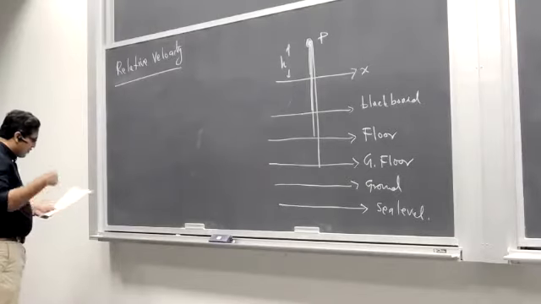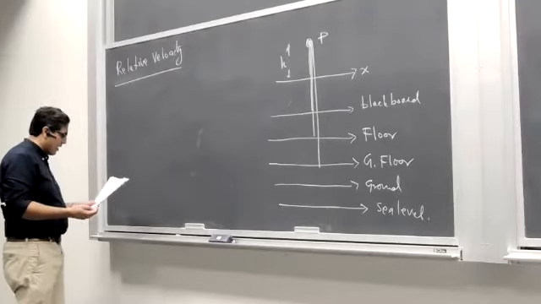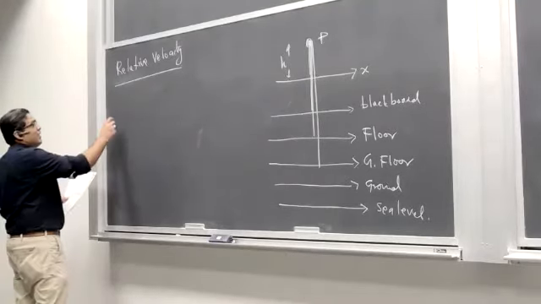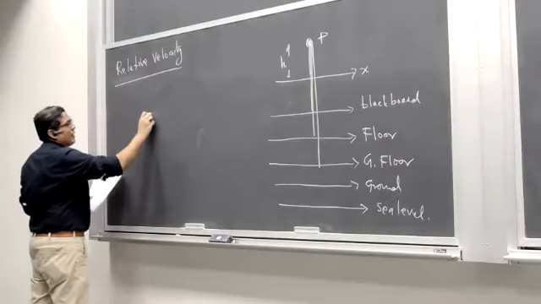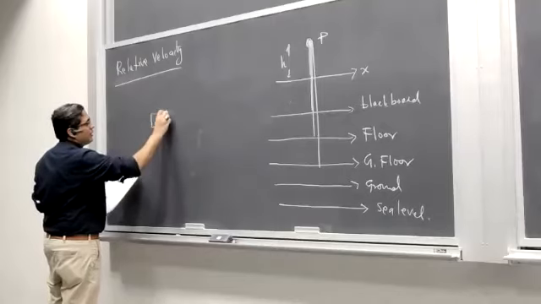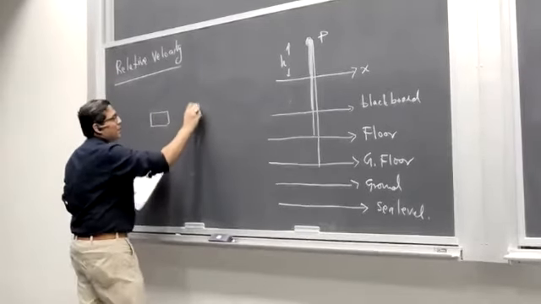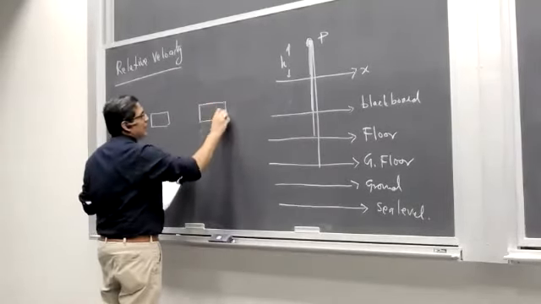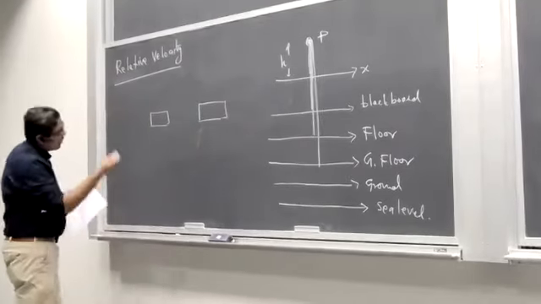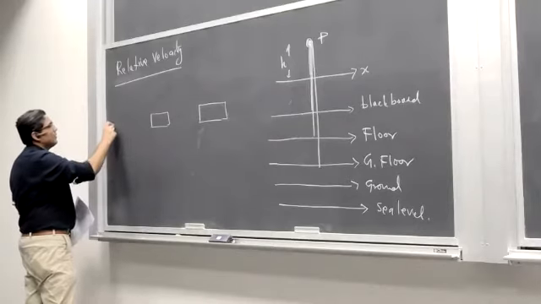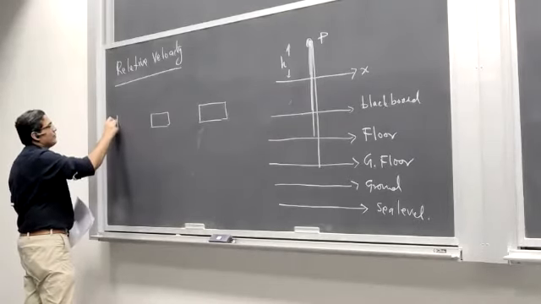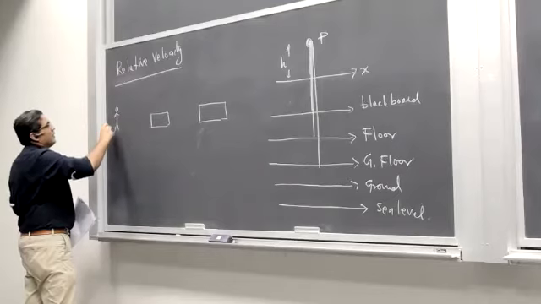But let me introduce it in a more formal way. So let's say that we have a car. We'll slowly build on this example. The two cars moving in a straight line. They're just standing, not moving at the moment. And then we have an observer, right?